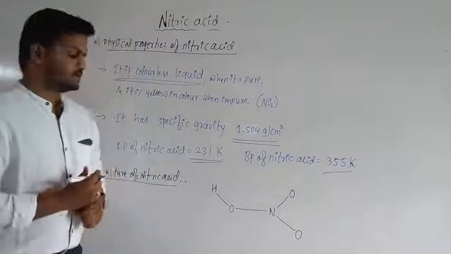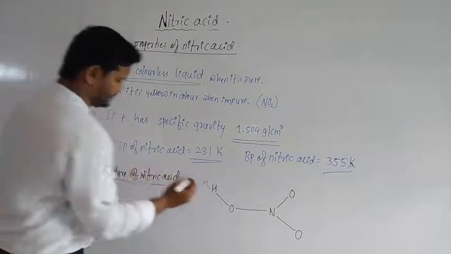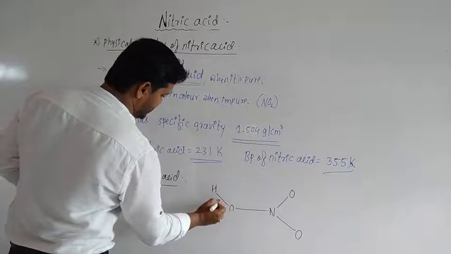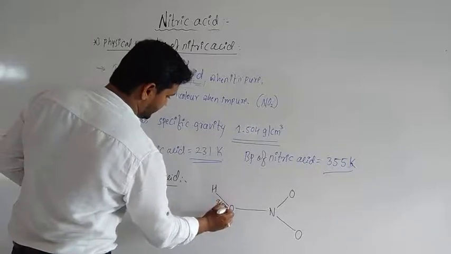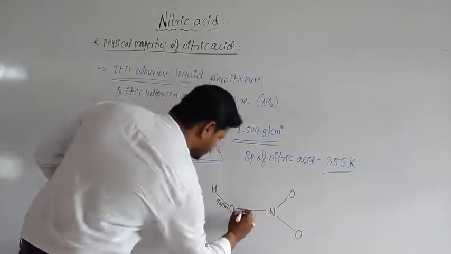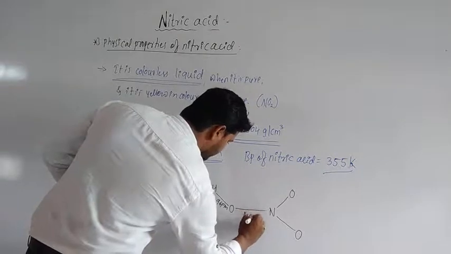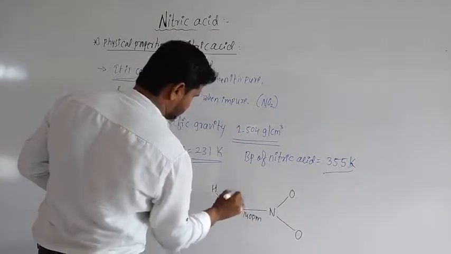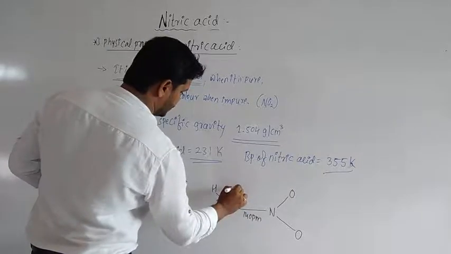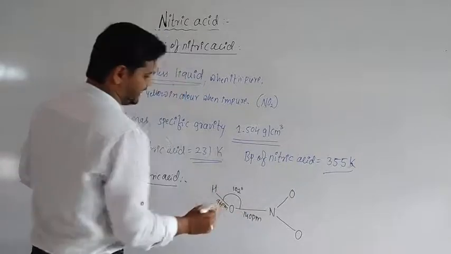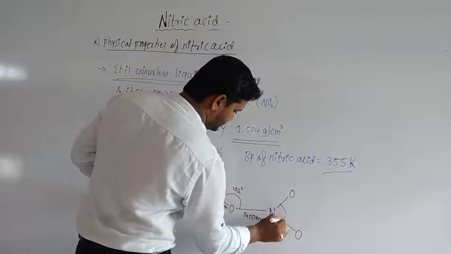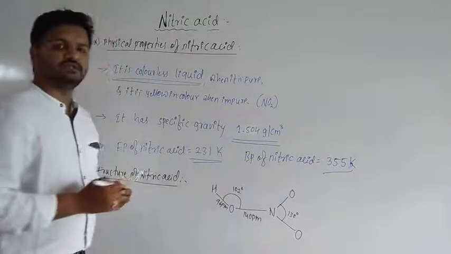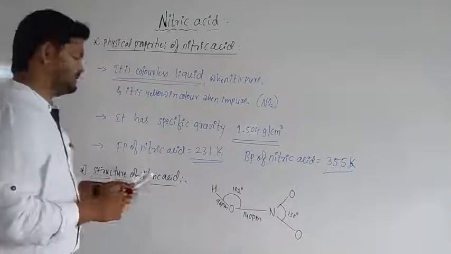Here, the bond length between oxygen and hydrogen is 96 picometer, and between oxygen and nitrogen is 140 picometer. Here the bond angle is 102 degrees, and here the bond angle is 130 degrees. Okay. This is the structure of nitric acid.